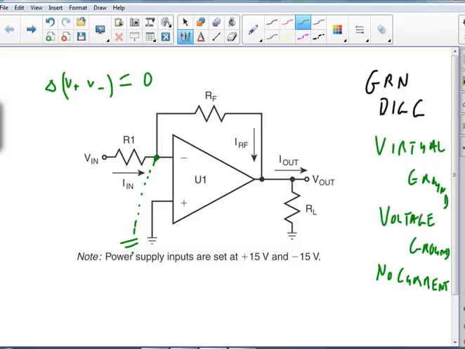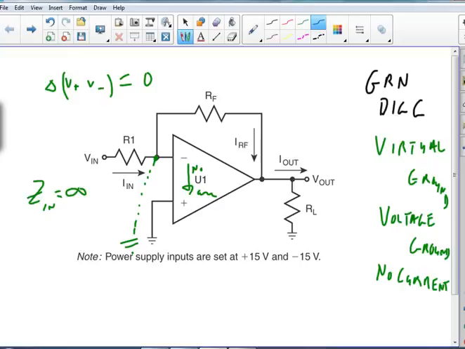Okay, but an operational amplifier has infinite impedance. So the impedance N is infinite. So that means no current can flow that way. No current. And therefore, now I'm at 0. Whatever the voltage was here, I'm at 0 there, but no current's going this way.